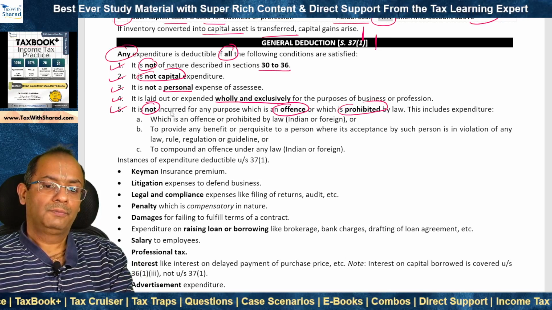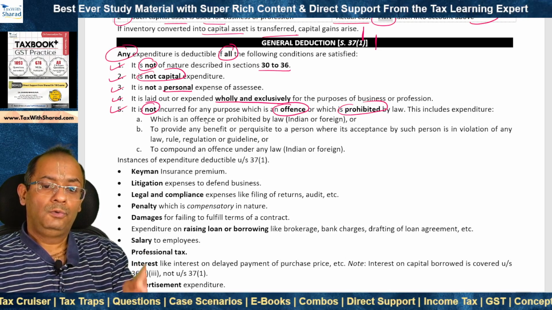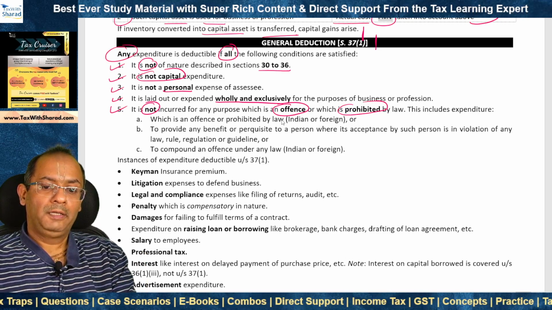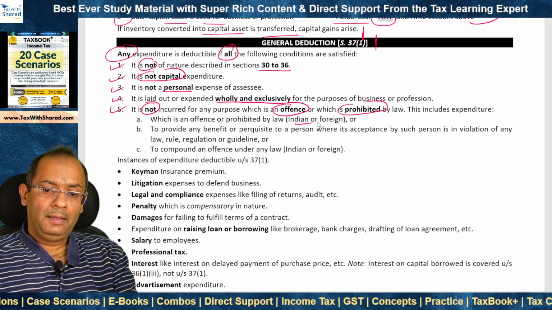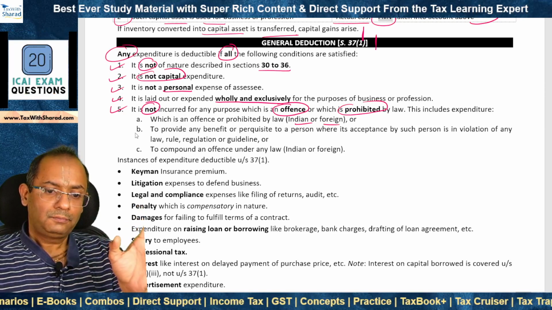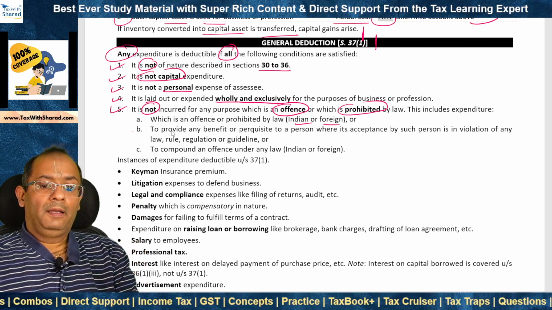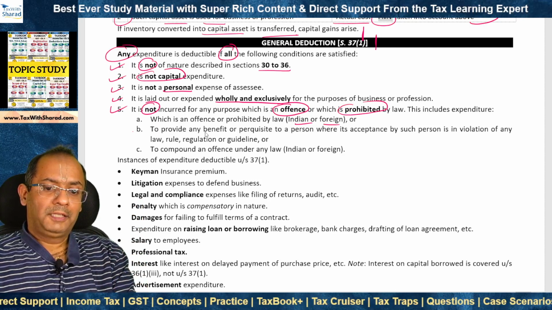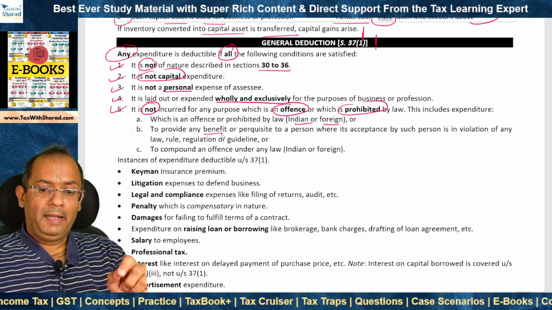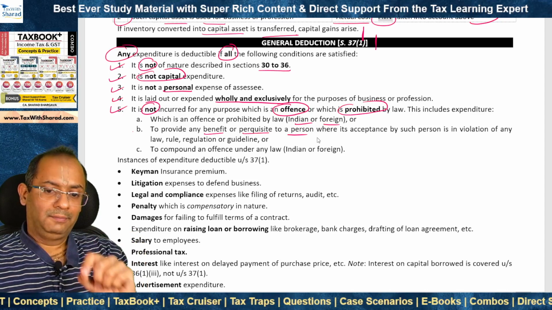And this includes A, B, and C. It includes expenditure which is an offense or prohibited by law, not only an Indian law but also a foreign law. It also includes expenditure to provide any benefit or perquisite to a person. Right.